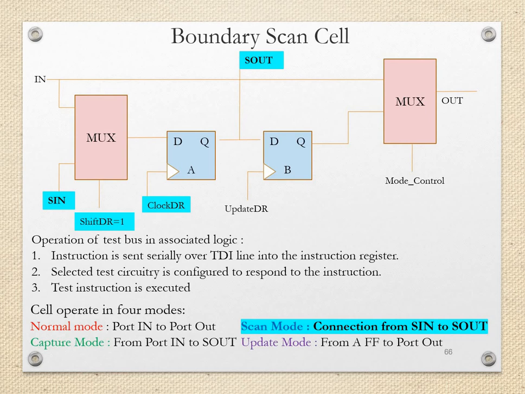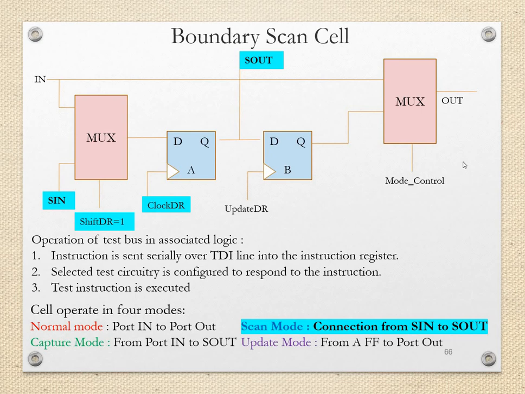So the signal will be taken from one boundary scan cell, it will run through the multiplexer and flip-flop, and this action is controlled by the control signal shift DR equal to 1 and by applying the clock DR, which is generated by the tap controller, and then accordingly the signal will be available as S out. Now this S out of one boundary scan cell will be connected to the S in of the next boundary scan cell, and likewise the signal will run from one scan cell to the next scan cell in a chain fashion.